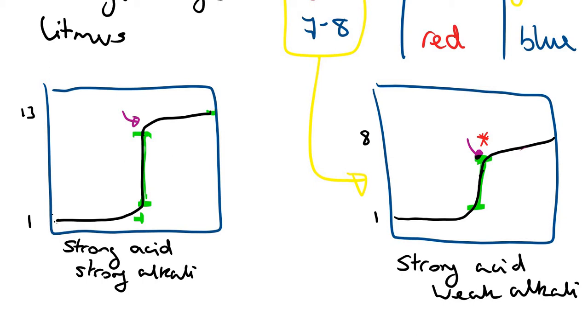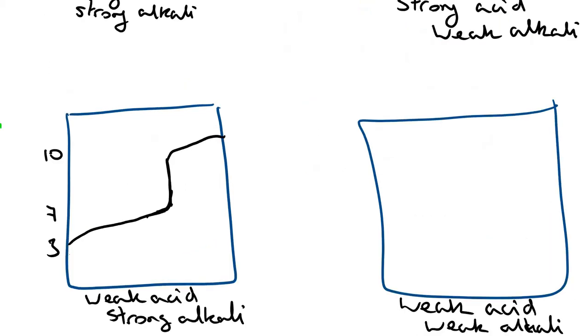Now when we use a weak acid and a strong alkali, as we add the strong alkali to the weak acid, we're going to get a pH change here at a certain volume, and it's going to change color at a certain range between about 7 and 10. So we need to find an indicator that matches up with this range. We know that the range at which phenolphthalein changes color is within this range.